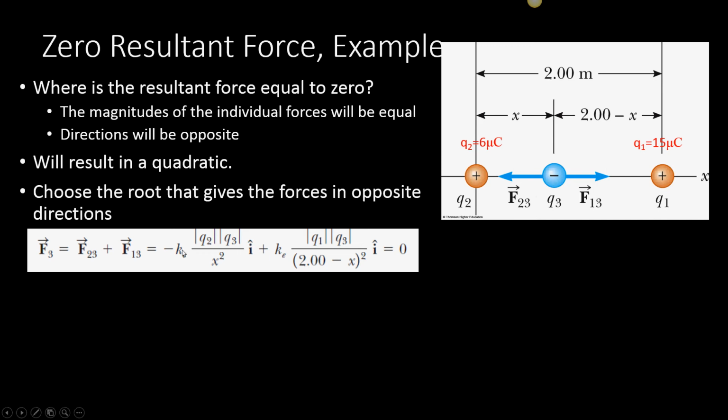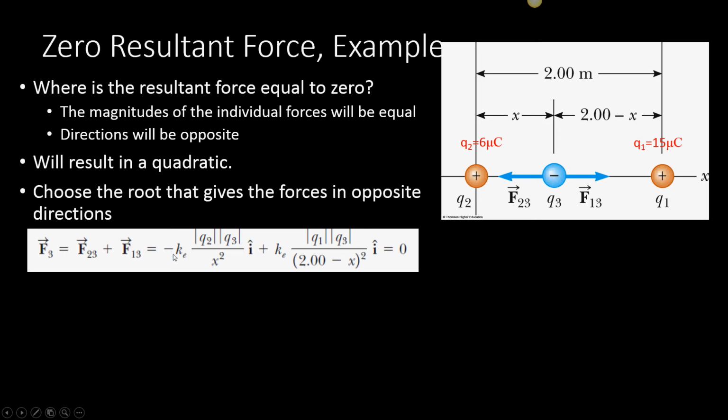At this particular point, we're going to write them as absolute value signs and put the signs of the force in by hand. So this black line here stands for the y-axis, and this horizontal black line stands for the x-axis. Since everything's on the x-axis, we only have to write our forces in terms of their i component.